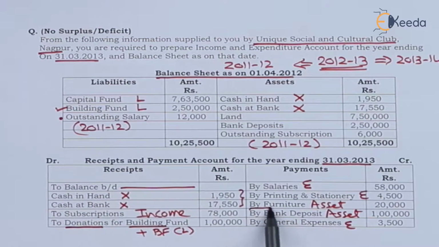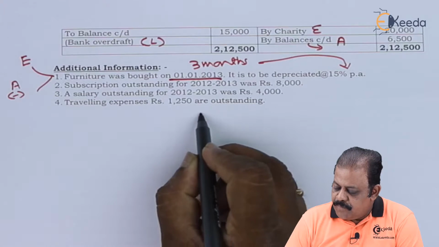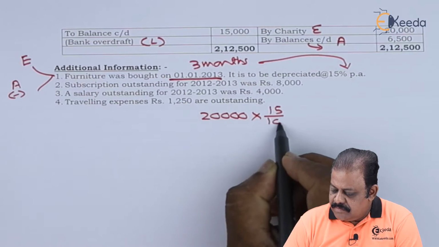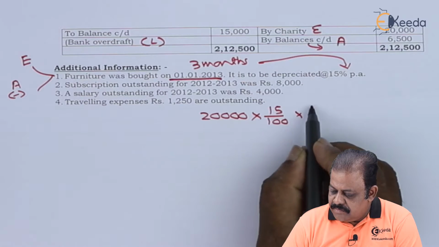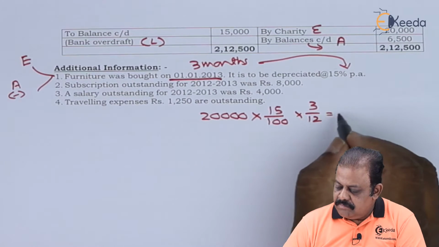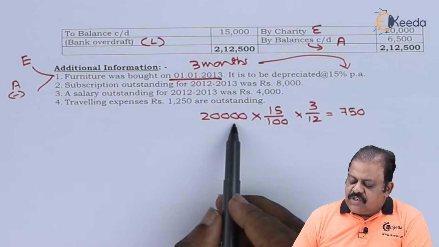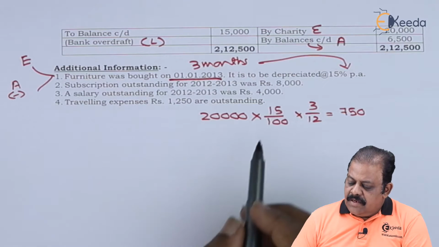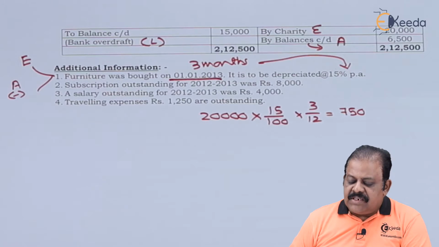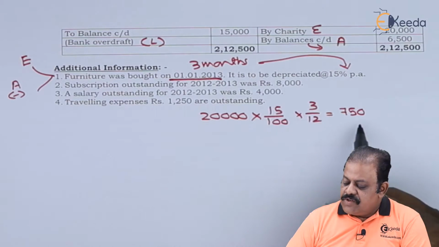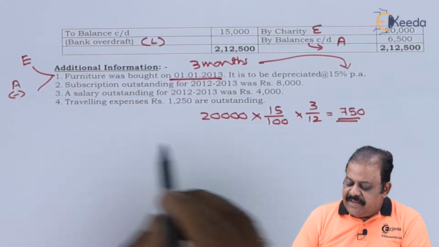The value of furniture purchased here is rupees 20,000. Rate of depreciation 15%, and depreciation is for 3 months, 3 by 12. So it comes to 750.